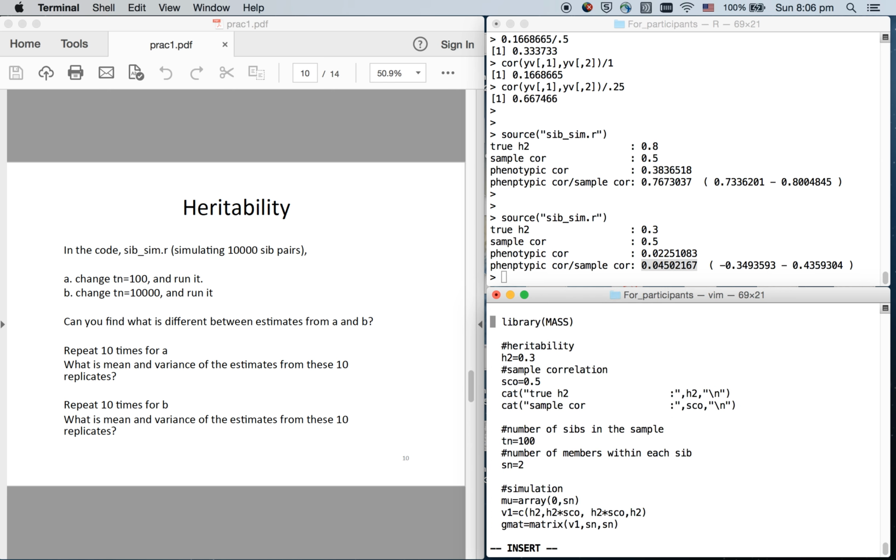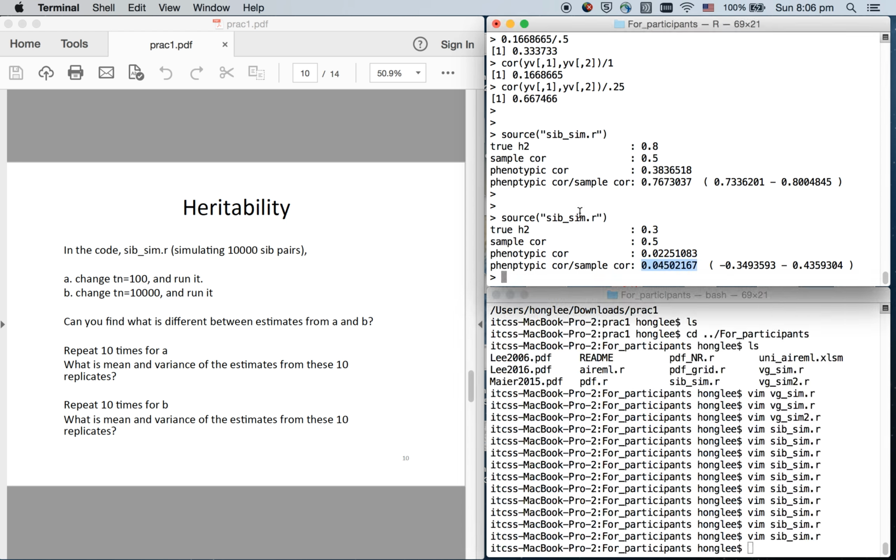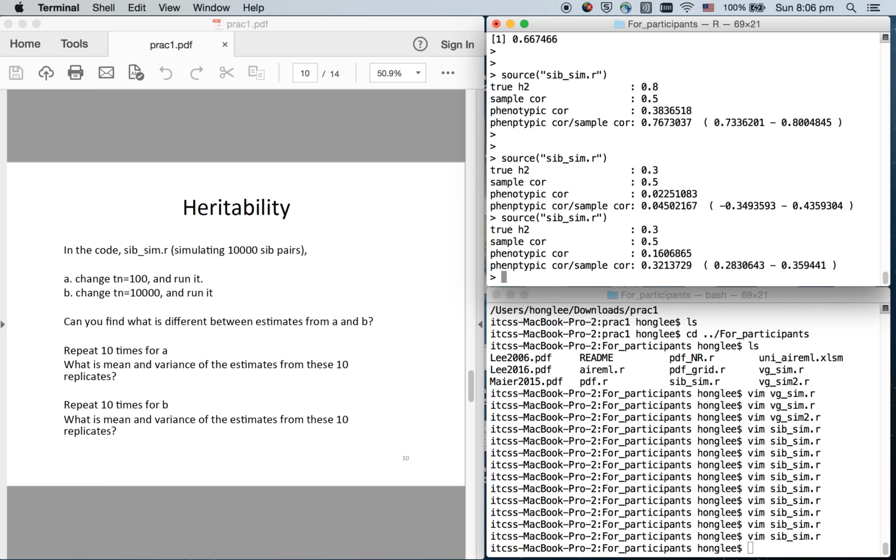Now, what if you try with 10,000? Okay. The simulated value is the same, and now the estimated heritability is quite close to the true value, right? And the confidence interval is very narrow, from 0.28 to 0.35. So it's very close to the true value.